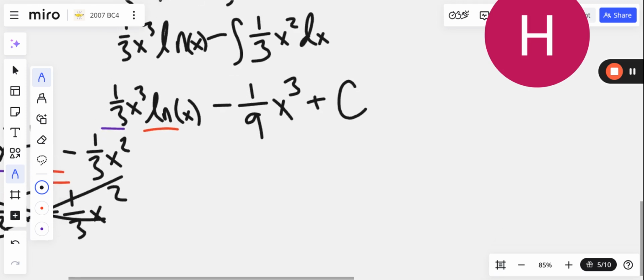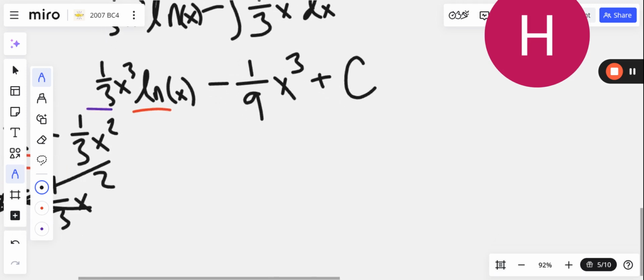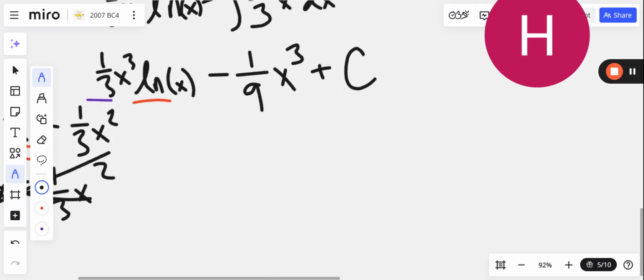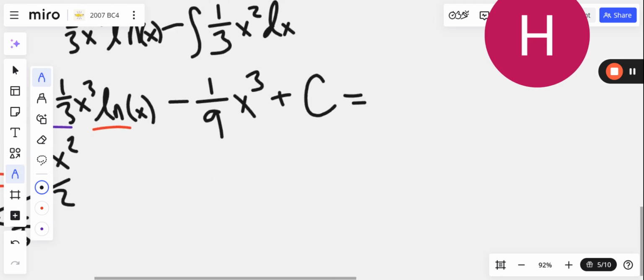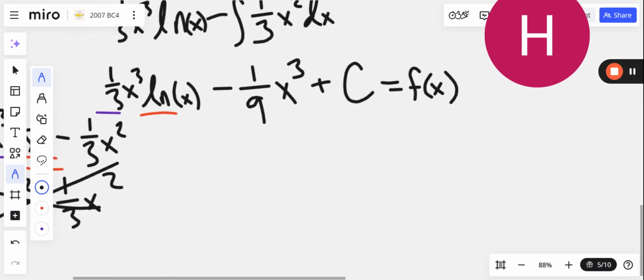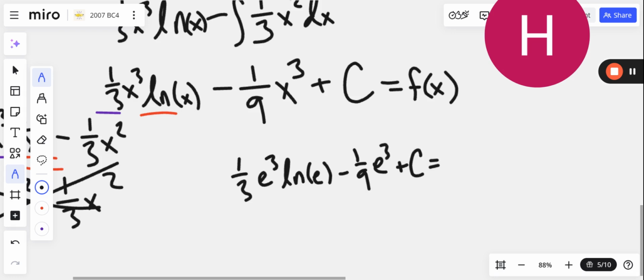Let's find the exact function f of x. We do have an initial condition that we can use to find the plus c. So this is f of x, but it's f of x plus c right now. So let's plug in e. It's going to be 1/3 e cubed times ln of e, that's always nice, minus 1/9 e cubed plus c equals 2.